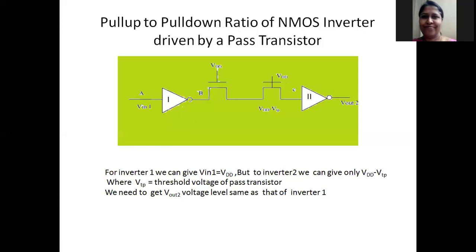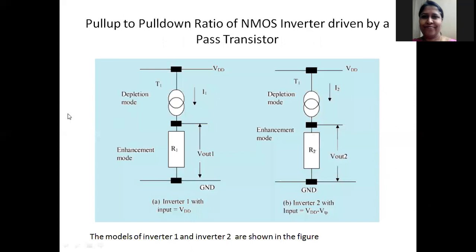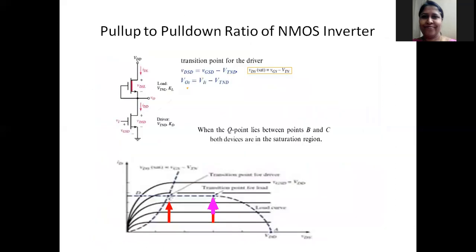We already know that when we apply input equal to VDD, that is gate to source voltage of the driver is VDD, the driver will be in non-saturation region and the load will be in the saturation region. You can try to understand this by knowing these curves.